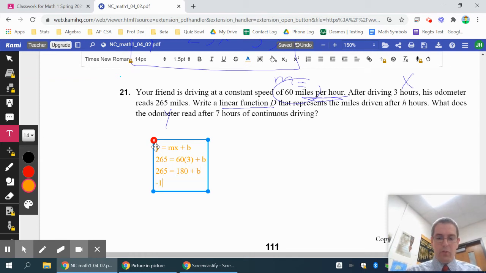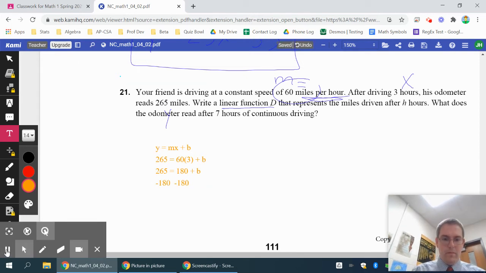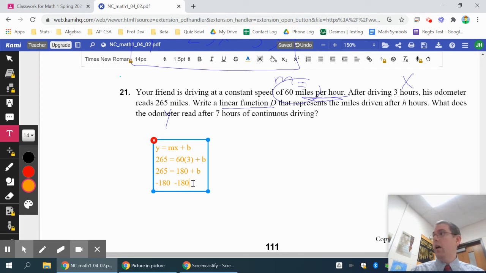And then I subtract 180 from both sides to solve for b. That gives me a value of 85 for my b.